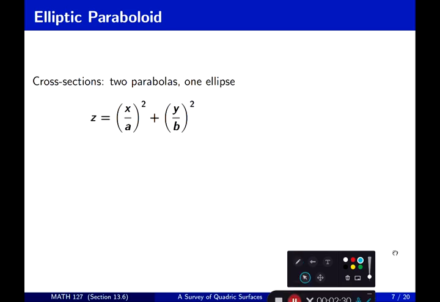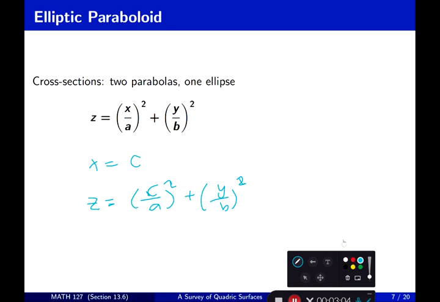So how about if I set x equal to a constant c? Then the equation becomes z equal to (c/a)^2 plus (y/b)^2. This is a parabola, with the variables being z and y instead of x and y that you're familiar with, but still a parabola.